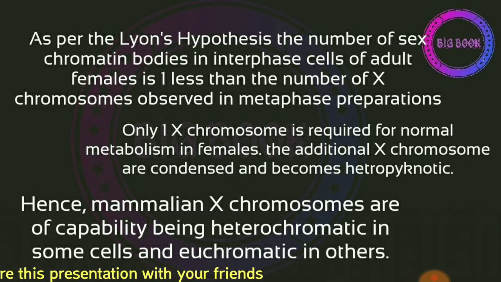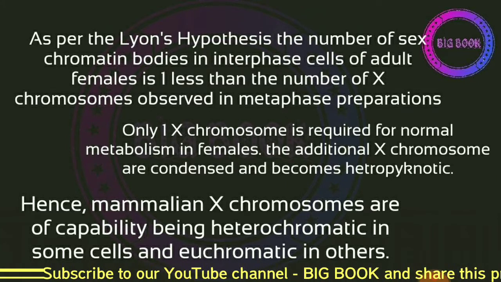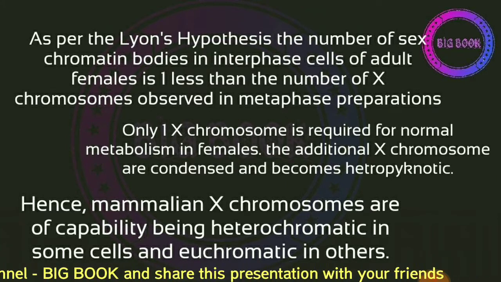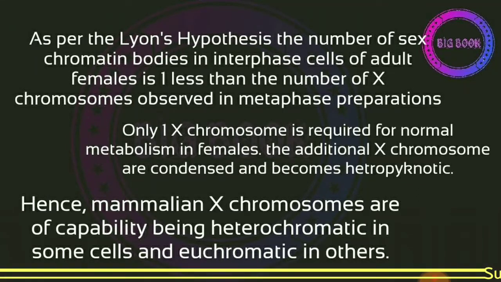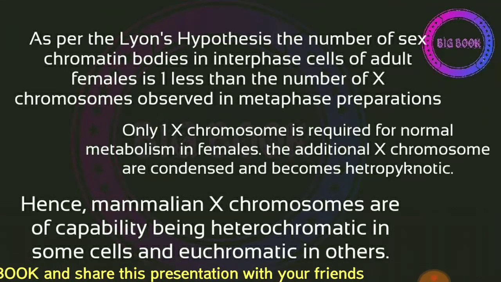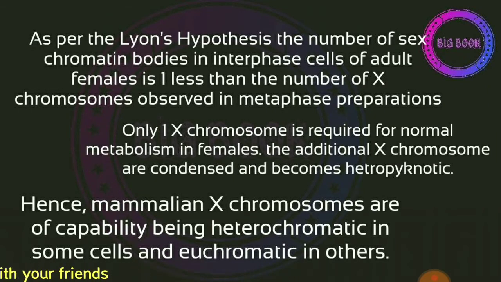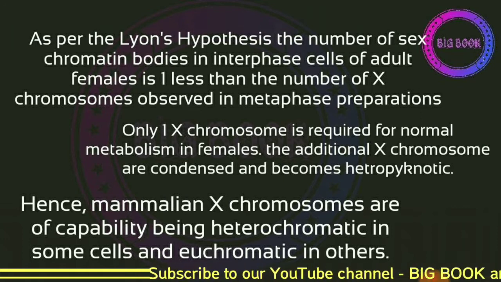By referring to the concept of taking high stain regions, the chromosome forms the highly condensed X chromosome and it becomes heteropyknotic when it is stained. Hence mammalian X chromosomes are capable of being heterochromatic in some cells and euchromatic in others.